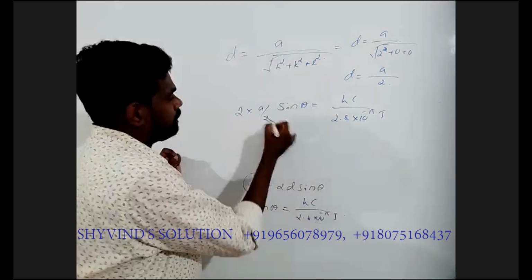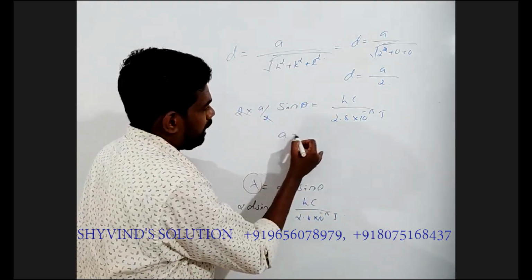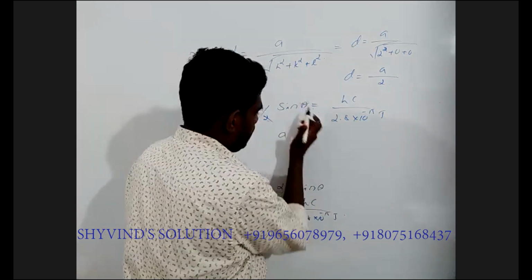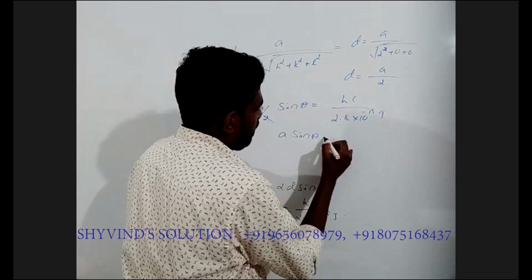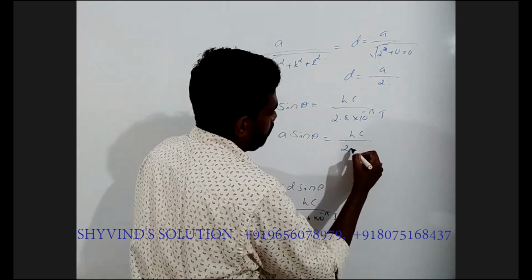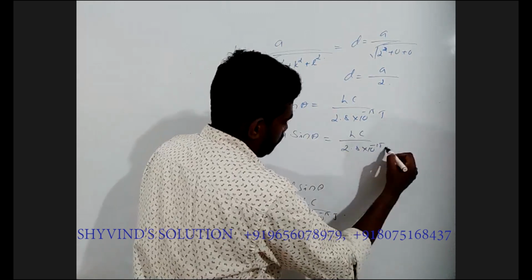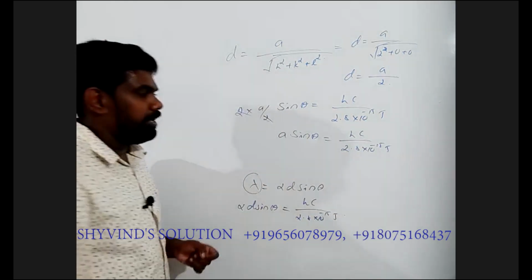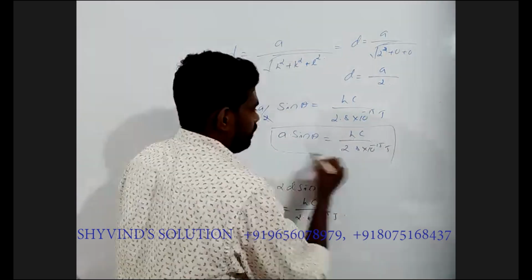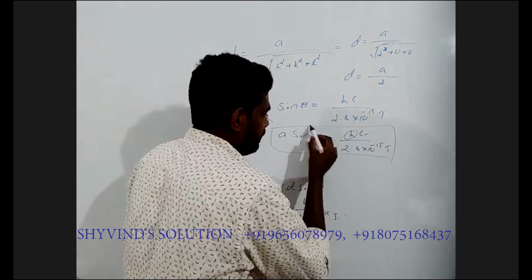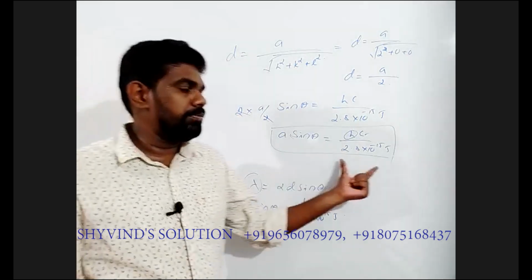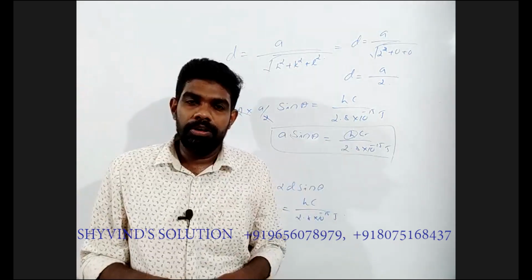So this also will cut out. So A sine theta equals hc by 2.8 into 10 raised to minus 15 joule. So that's the relation. All the values are given. H is given, C is given, theta is also given. So just substitute these values, and you'll get the value.